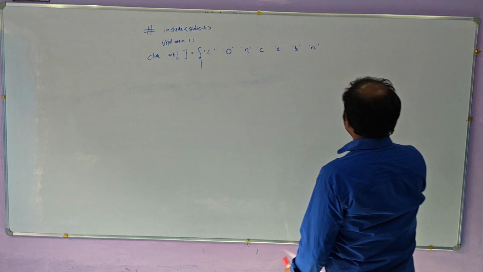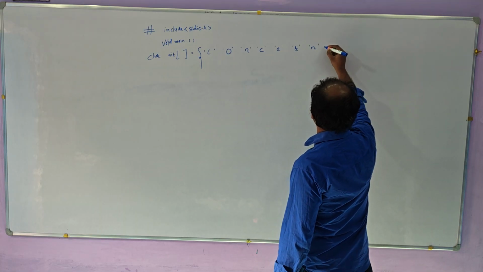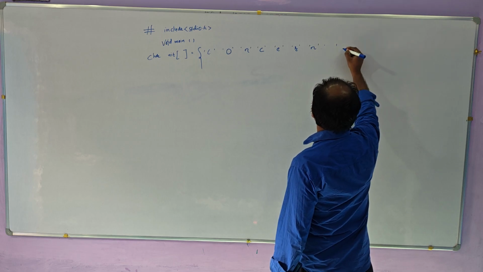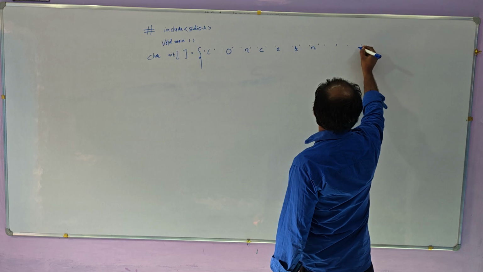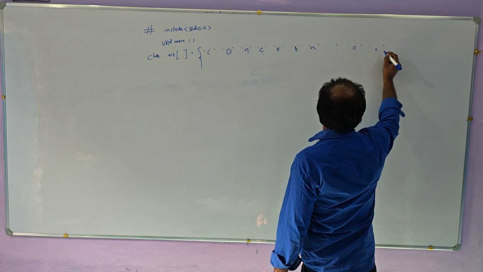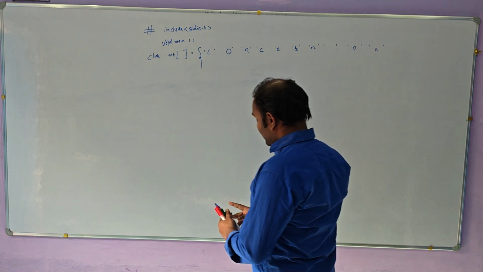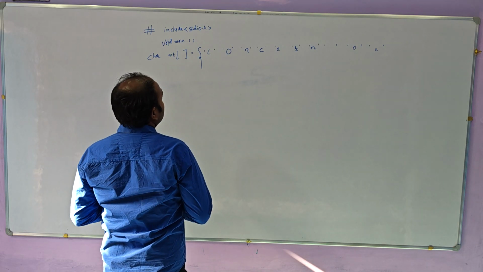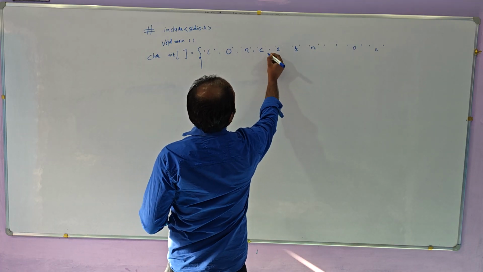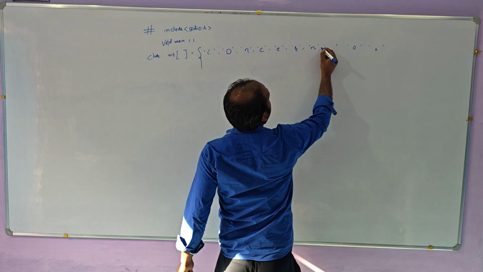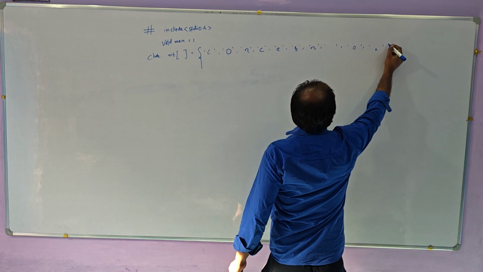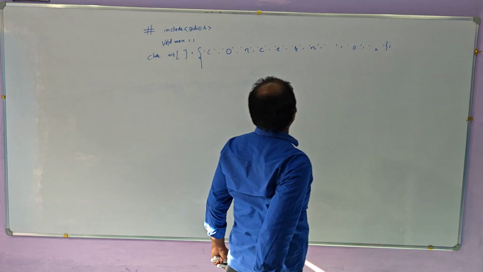Even if we want to include a space, we need to mention the space, then after some digit like O, some digit like K, and there is a comma between them. And lastly, closing of braces, and that's it.